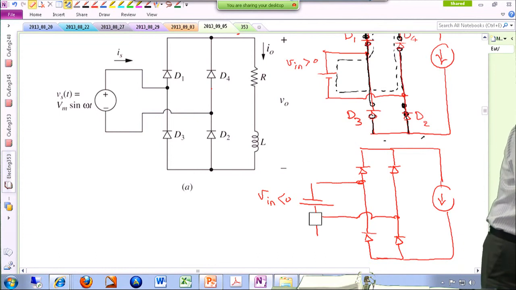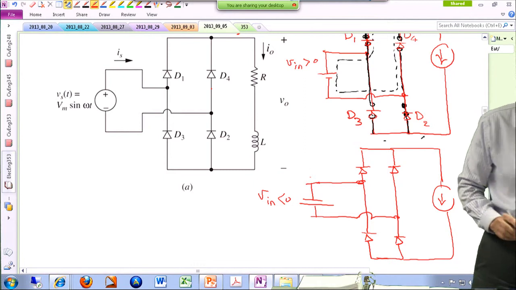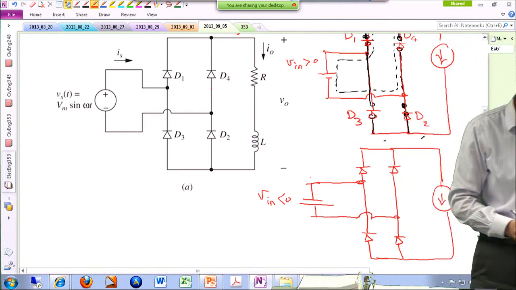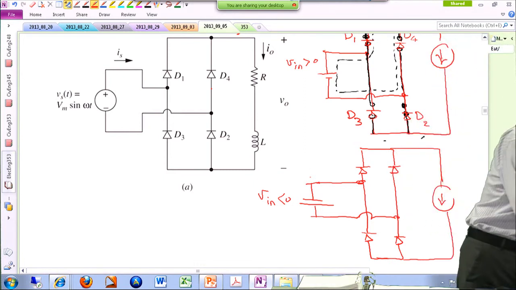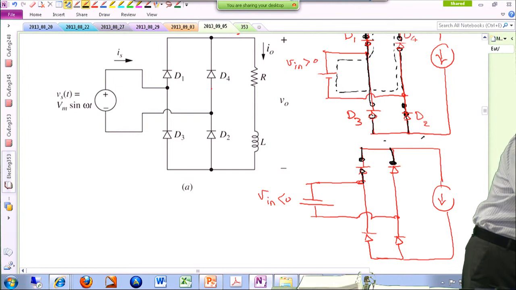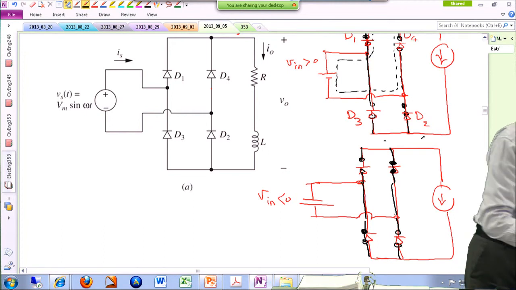If you follow through the analysis that I just made, what happens to D1, what happens to D2, as it turns out, when the input voltage is negative, technically, I have D1 off, D4 on, and D3 on, and D2 off. So this is how it's going to be.